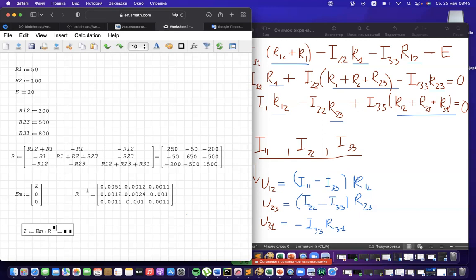That was the missing part. Okay, the dimension should be R minus 1 on the value E. EM. Okay, matrix form.